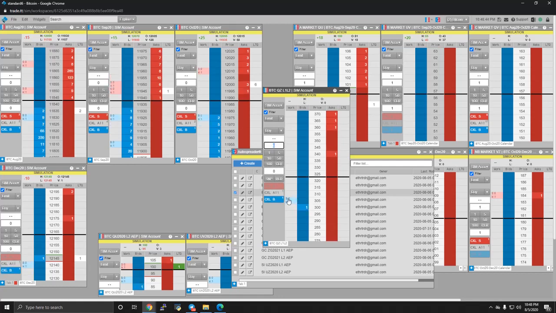Let's try to join at 305, maybe 300. 305 looks about right, and we can offer at 340. It looks like there's some implied activity there. So if we look at our orders in BTC December, we're also working these orders in August as well.